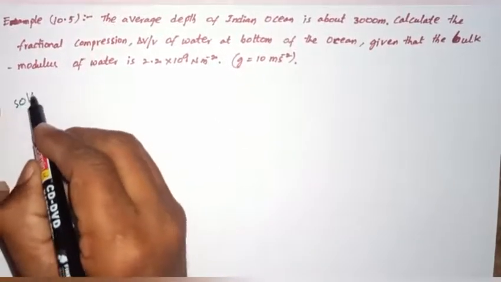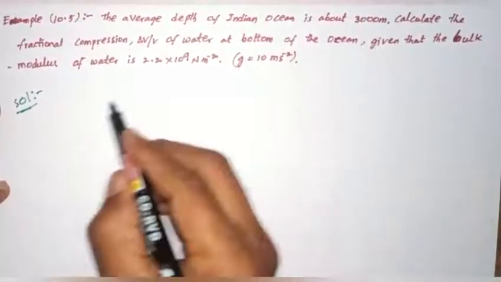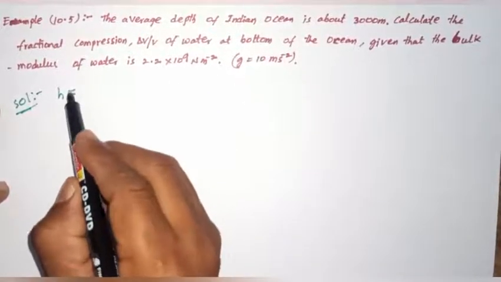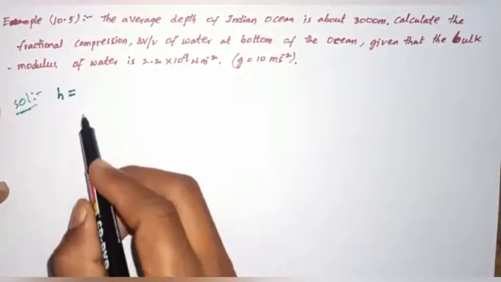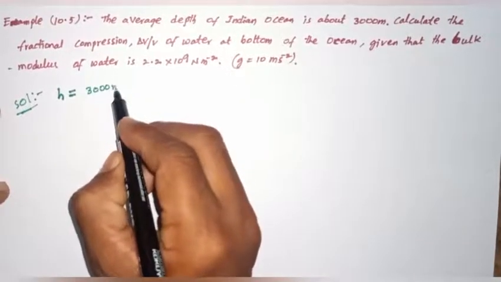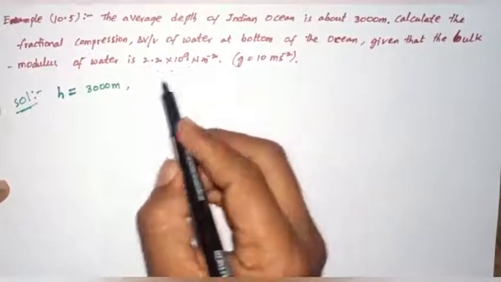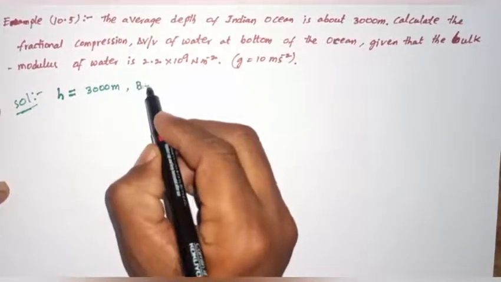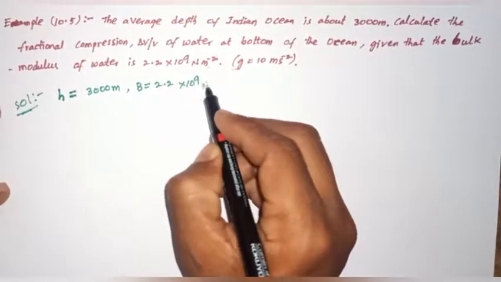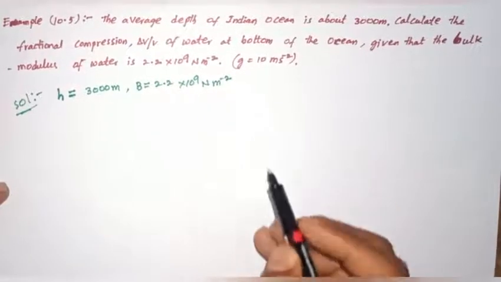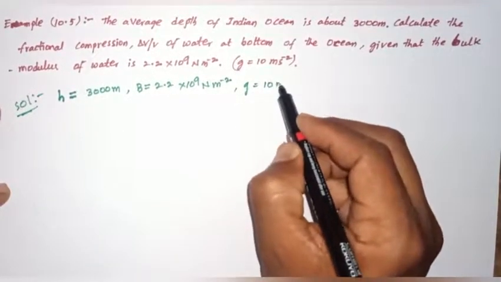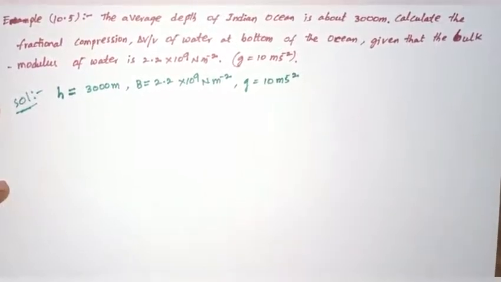So the given values: height from ocean bottom is 3000 meters, bulk modulus B equals 2.2 into 10 to the power of 9 newton per meter square, and acceleration due to gravity is 10 meter per second square.